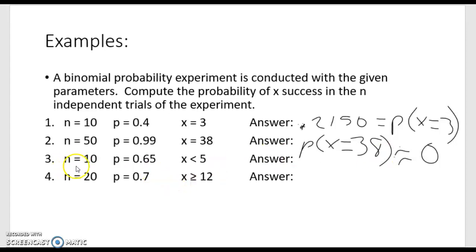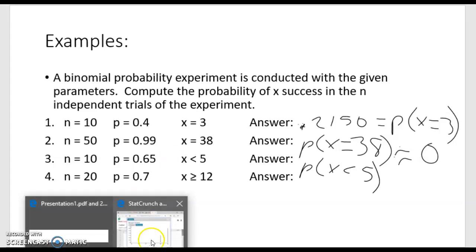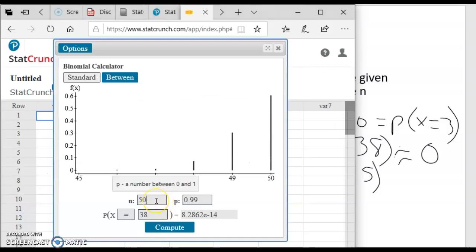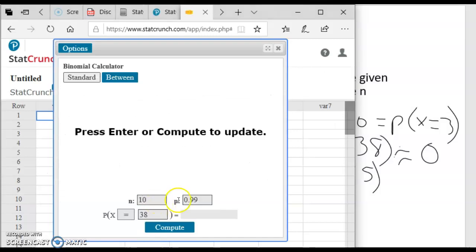Number 3, notice our X has changed. We want the probability that X is less than 5. So if we go to StatCrunch, N is 10, the probability of success is 0.65, and we're looking at strictly less than 5.